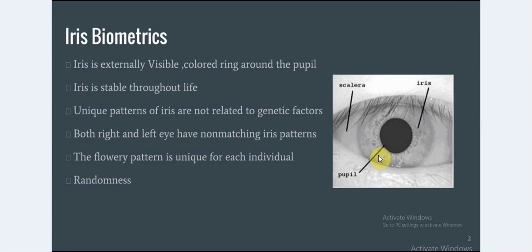The iris pattern possesses a high degree of randomness. We can capture the iris by a non-invasive method, and the template size of the iris is very small, so the image encoding and matching process is fast.